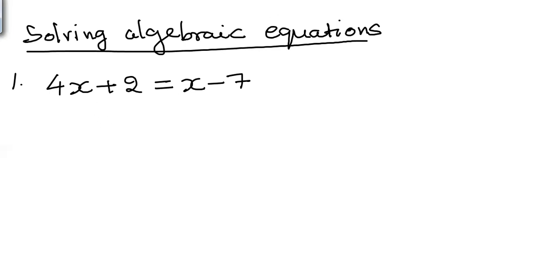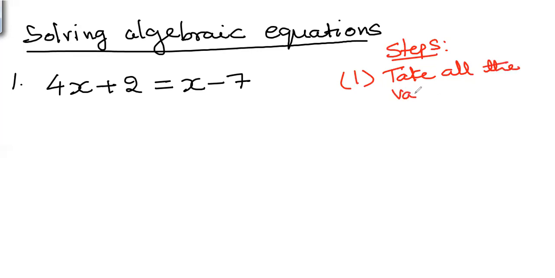First and foremost, we have to follow certain steps. Step number 1 is to take all the variables to the left hand side to make it easy.